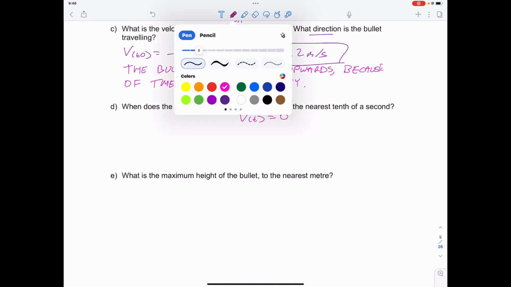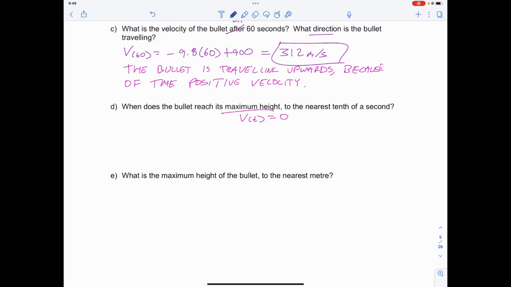So when does it reach its maximum height? Well, that is when negative 9.8 t plus 900 is equal to 0, or when negative 9.8 t is equal to negative 900, or when t, when I divide both sides by negative 9.8, is equal to 91.8 seconds.